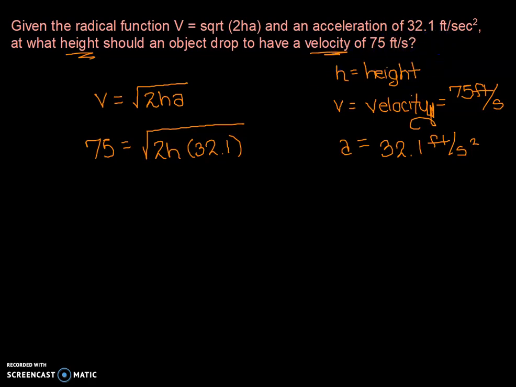So make sure that that correlates. From here, inside of the square root, I can multiply 2 and 32.1 to start off with, and that would give me 64.4, or sorry, 64.2 h.